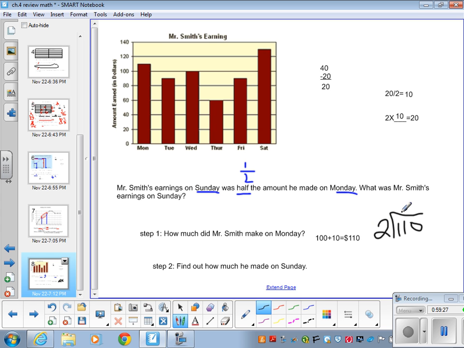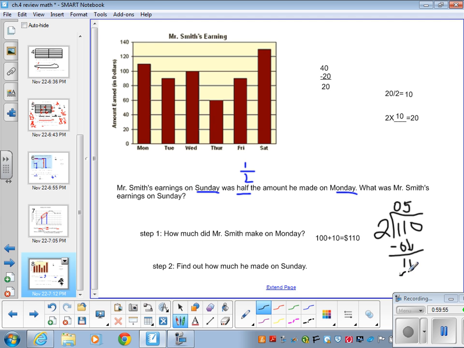2 cannot go into 1, so we put a 0. We subtract 0, and we get 1. We bring down our other 1. 2 goes into 11 5 times, 5, 10. Because 6 is 12. 12 is close to 11, but too big.